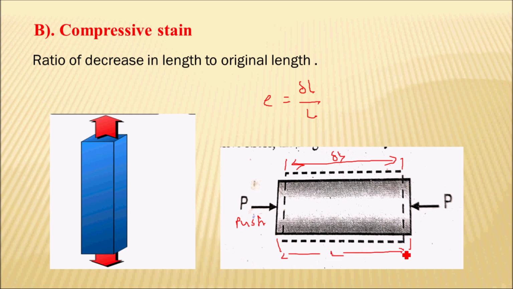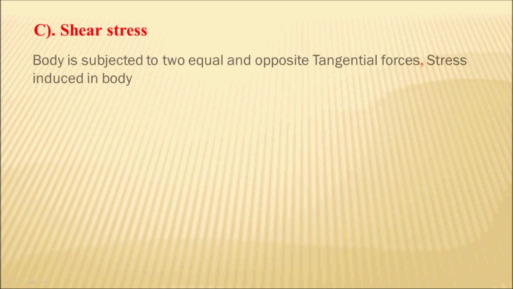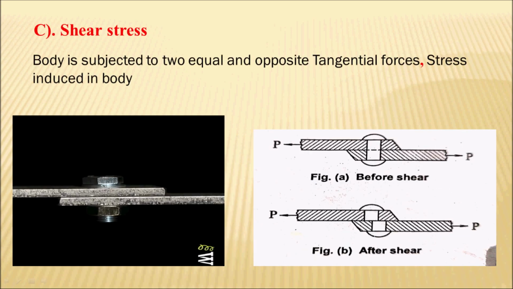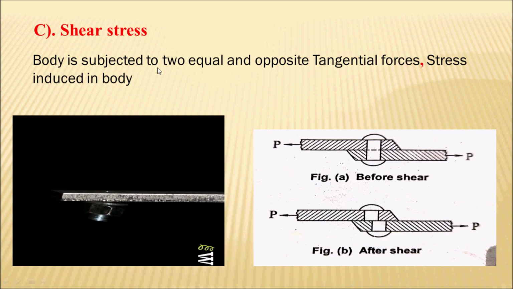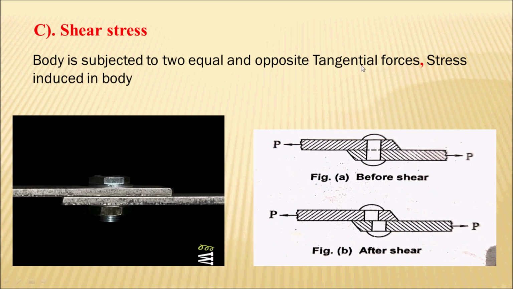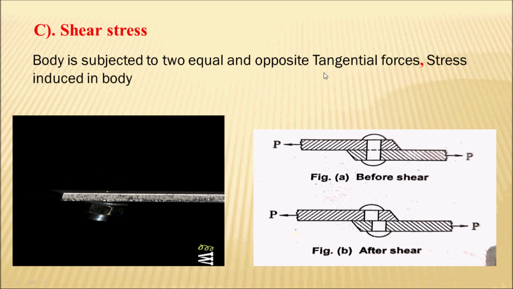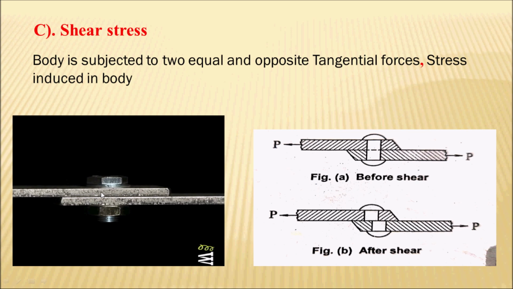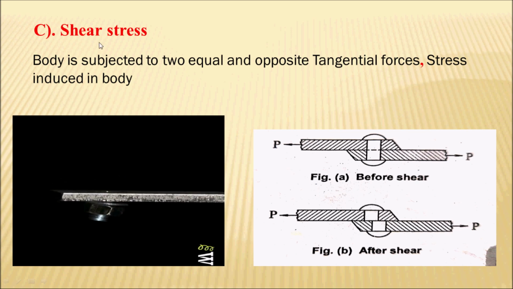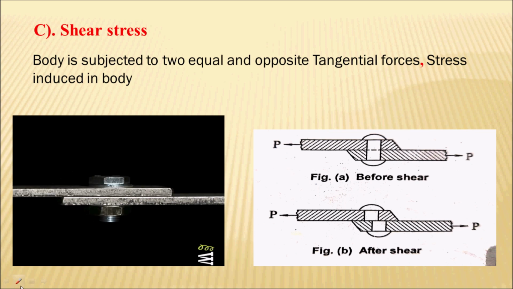Now next is the shear stress. Whenever a body is subjected to two equal and opposite tangential forces, what happens? Because of these forces, the body may shear off across the section, and the stress developed in that body is nothing but the shear stress.